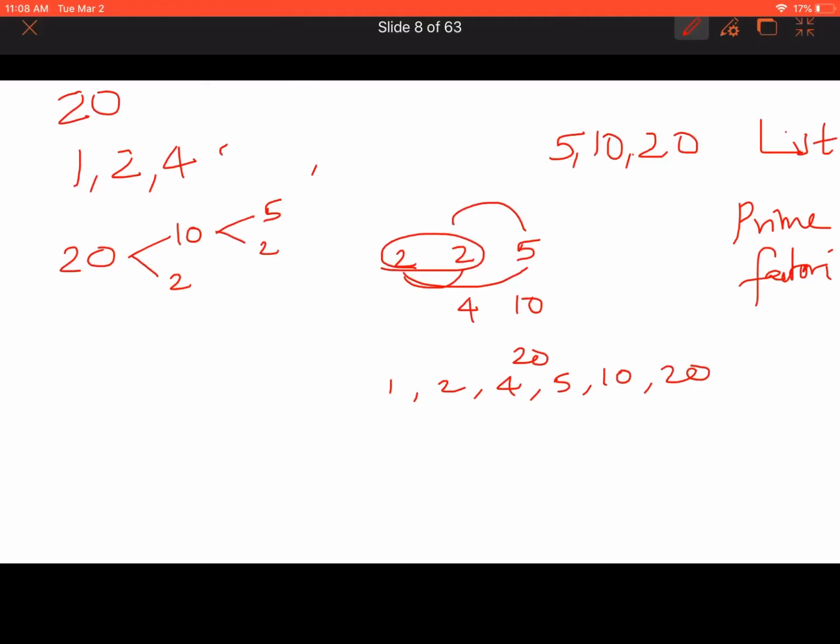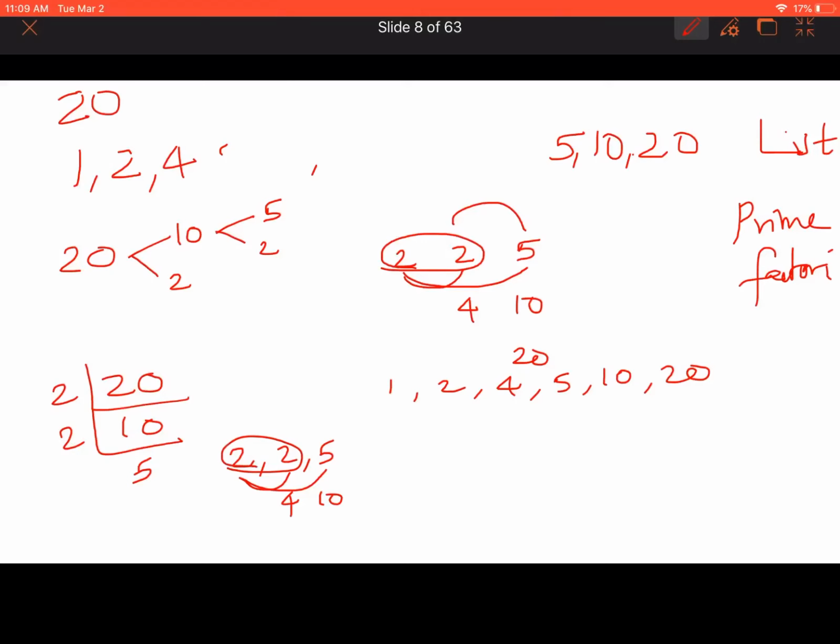There's one other method called the ladder method, where you write the 20 and keep dividing it like this: 10 times 2, 5 times 2, and that is the lowest, right? So we got the factors 2, 2 and 5. As we did in the prime factorization method, we have to multiply the factors. 2 times 2 is 4, 2 times 5 is 10.